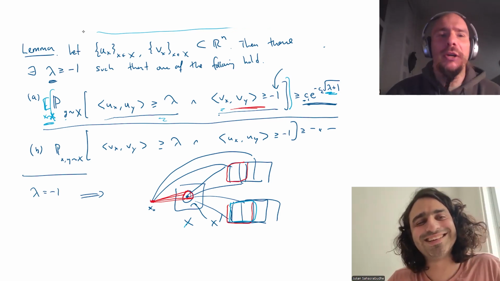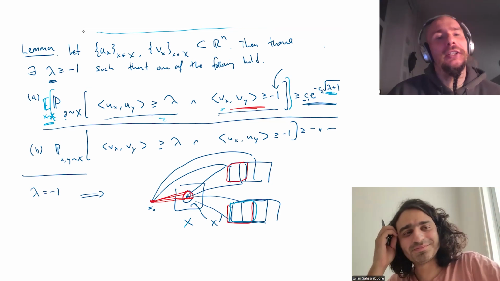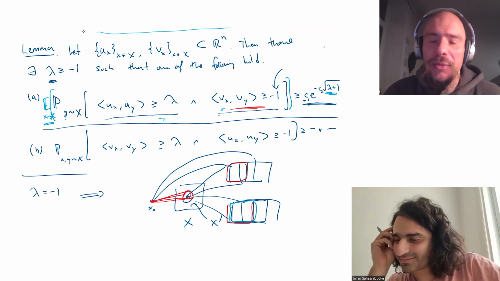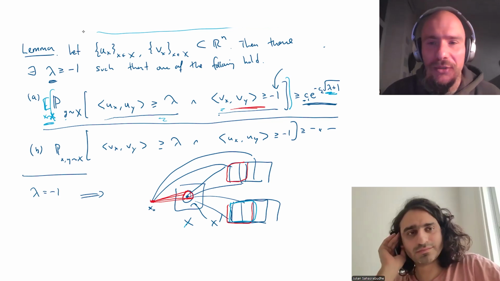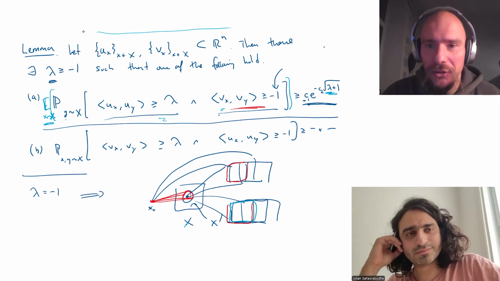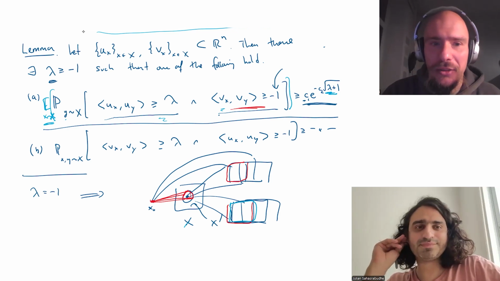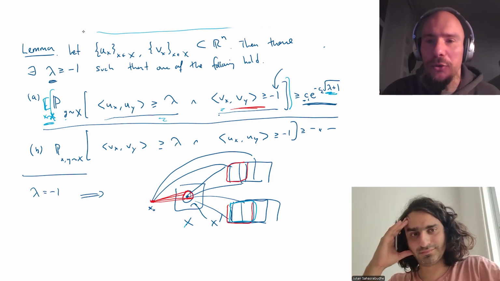So it's a bit odd, but it's actually okay. What I mean is that you can rescale UX and VX. Just imagine you want to prove this lemma for some UX, VX. Just take a million times each vector, and you don't have to change the lambda. You just apply it for the million times the vector.